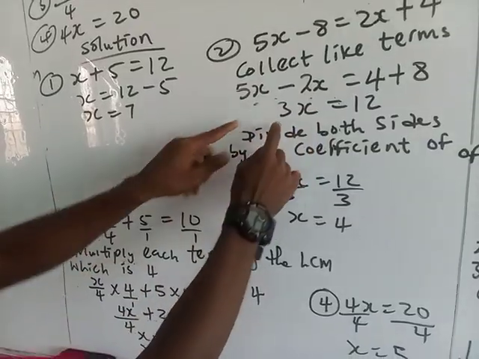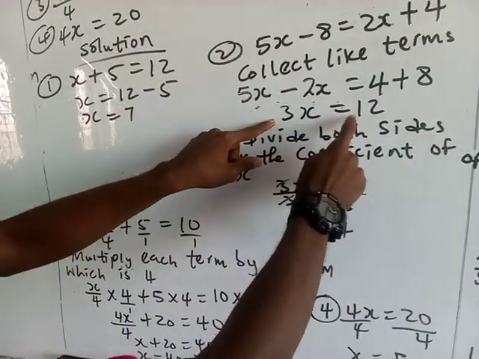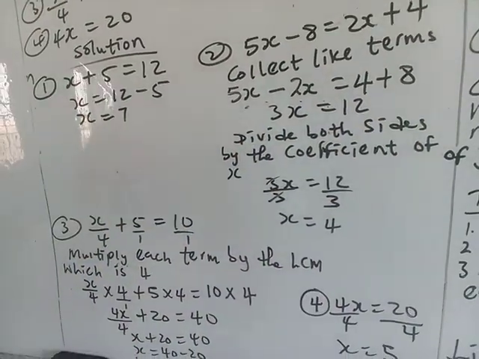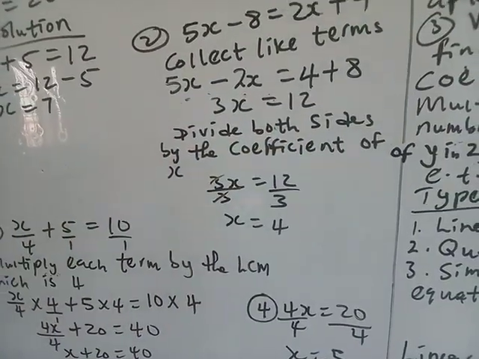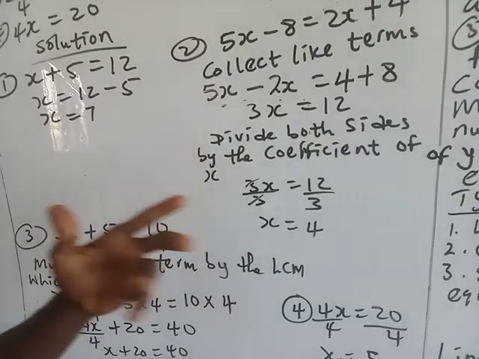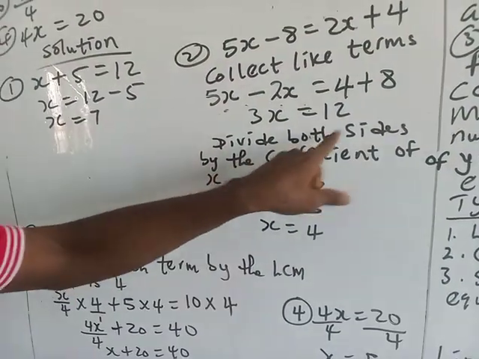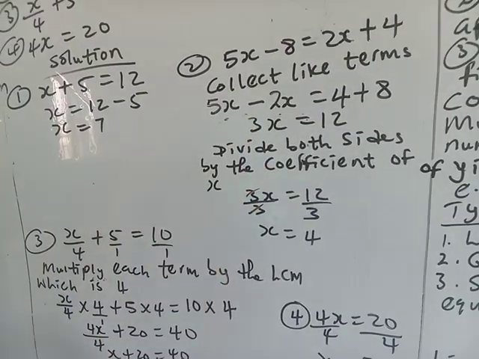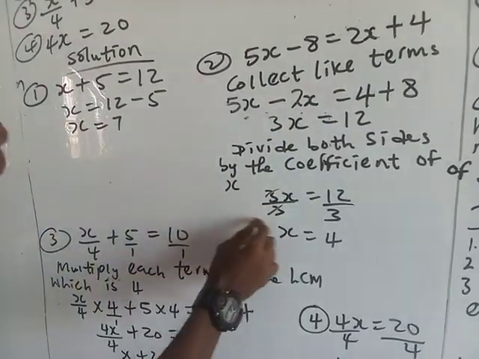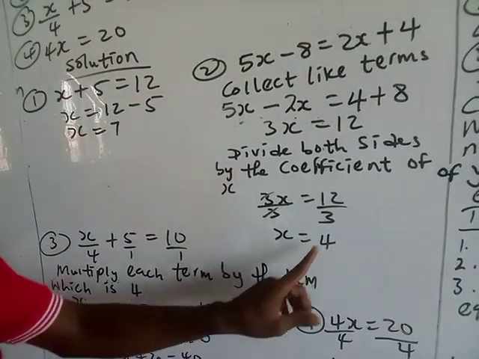Then when you get to this side of the equation where you have 3x equal to 12, the best thing to do is divide both sides by the coefficient of x. I've done coefficient before, you know what it is. And what is the coefficient of x? 3. So you are dividing both sides by 3.